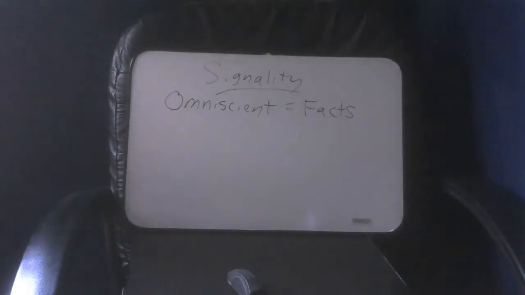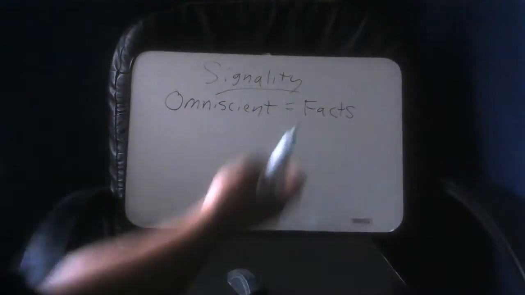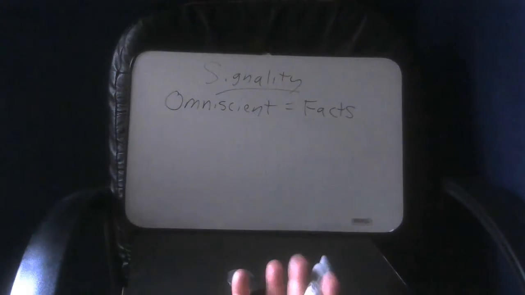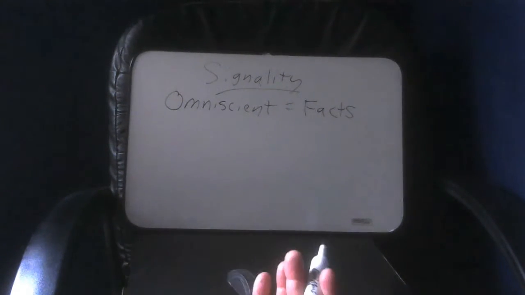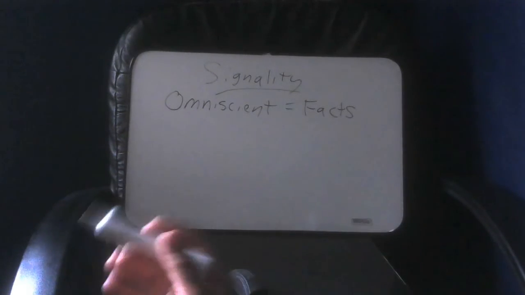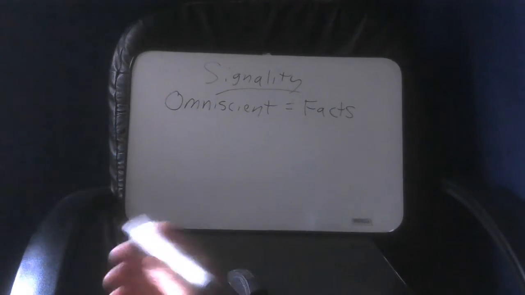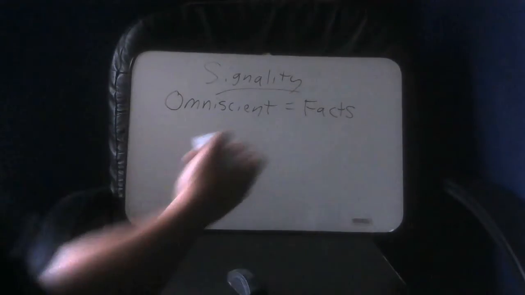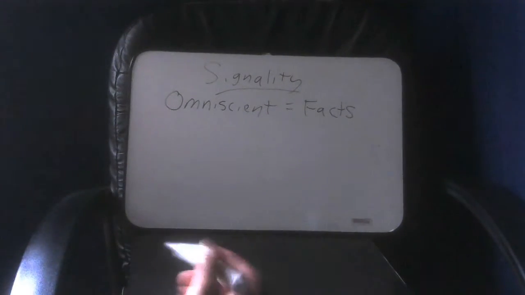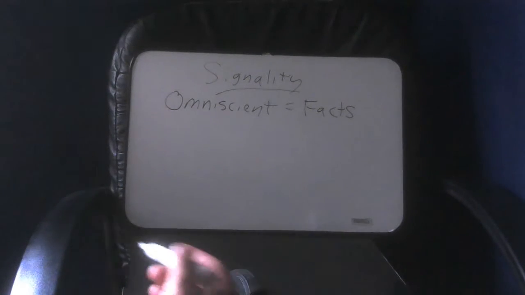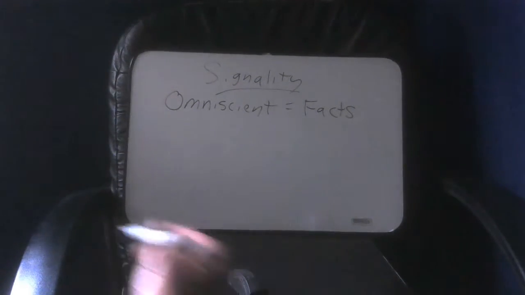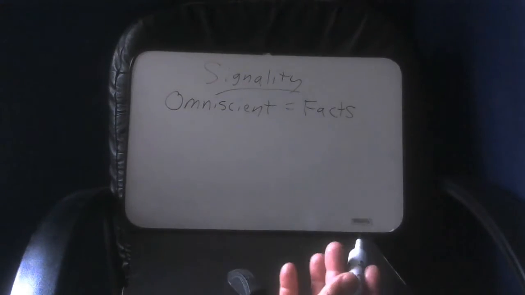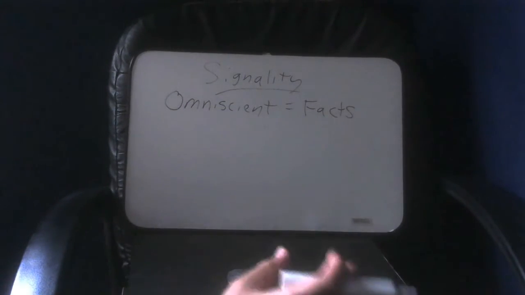Okay? So omniscient discourses are facts, as opposed to major discourses, which are like major ideas that everybody would recognize, such as an apple, a snake, school. All these things are major discourses, things that most people would recognize, as opposed to minor discourses like Denzel Washington or things that target a specific audience.